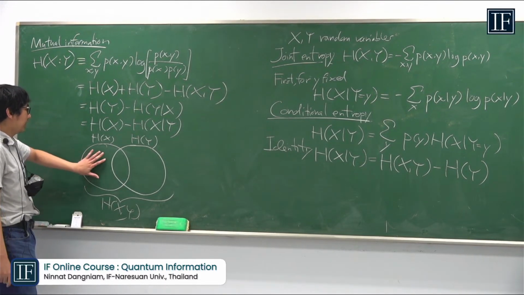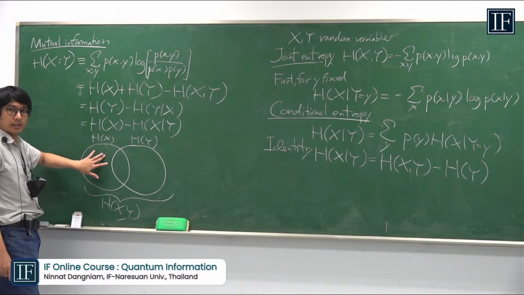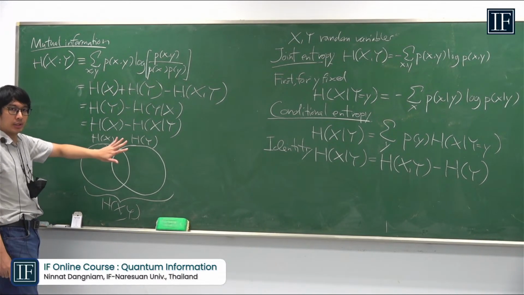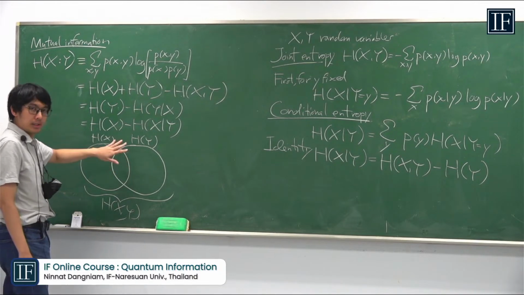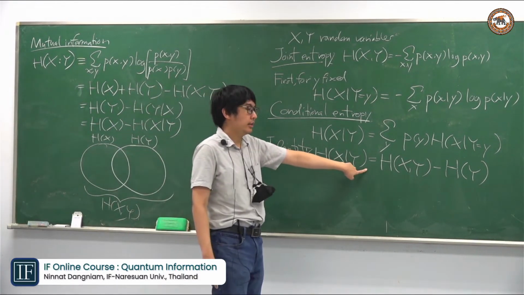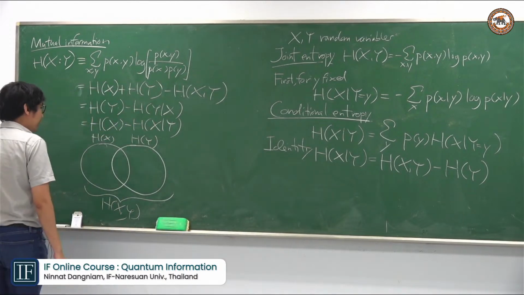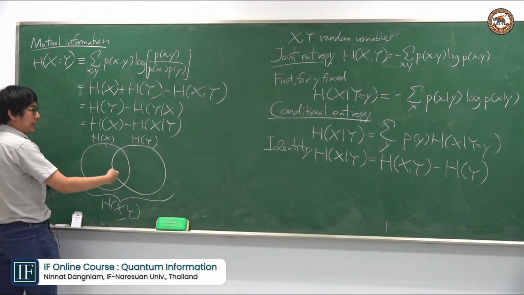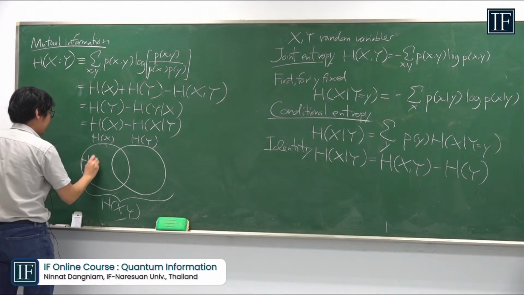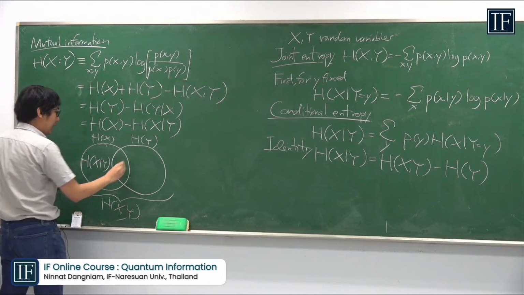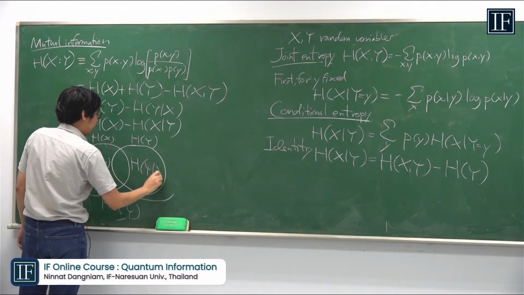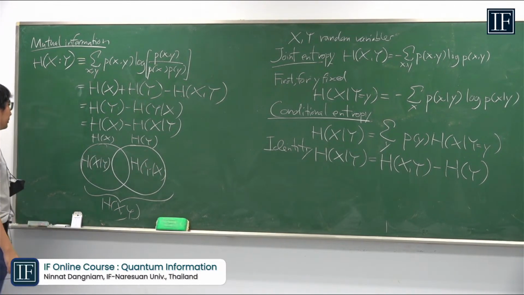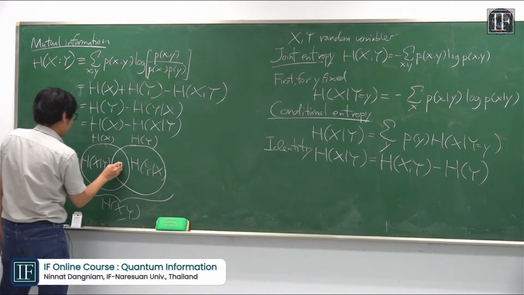And so the part of X and Y that is not overlapping with the other should correspond to the conditional entropy, which we can see here. So if I subtract the entropy of Y from the joint entropy, I get the entropy of X given Y, conditioned on Y, and the other one is similar. And the mutual information would just be this area.